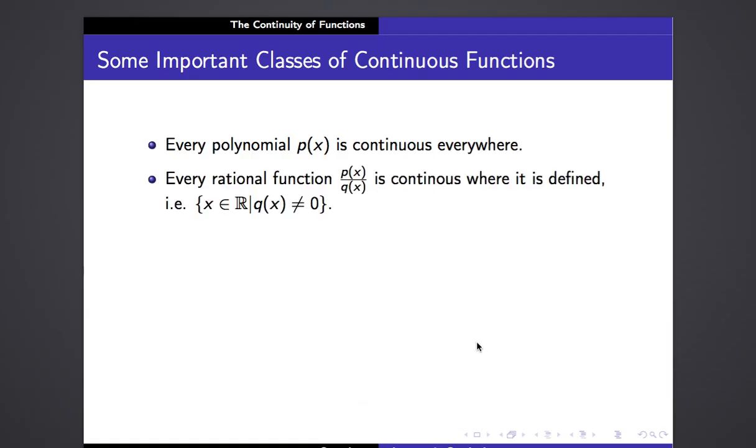Likewise, every rational function p of x over q of x is continuous wherever it is defined, in other words, except those x values that make the denominator 0. It is always continuous.